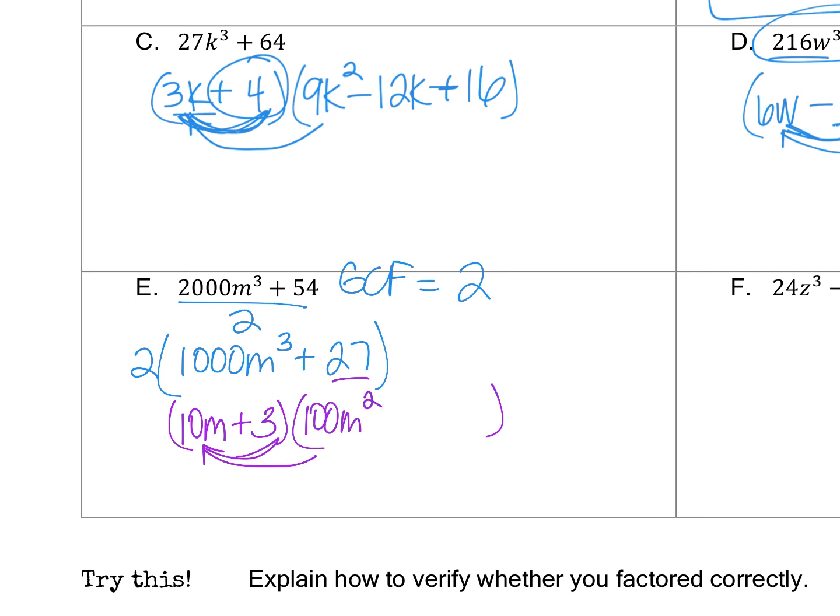I'm multiplying these together, which is 30m, but it has to be the opposite, so we have to put the minus sign, and then we're squaring 3 to get 9. So again, it's the same process every time. Now, we want it to equal back our original, so we can't leave off that GCF. We always have to put our GCF out in front if we take something out at the beginning. We want those to be equal.